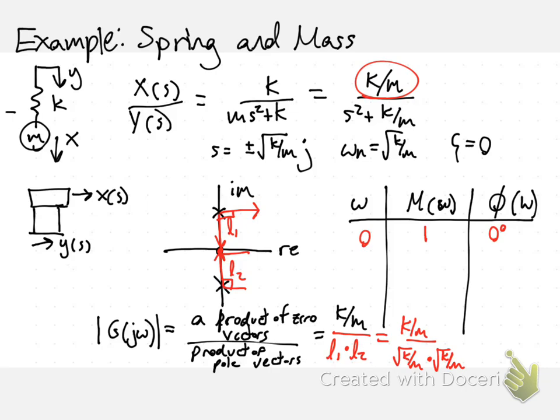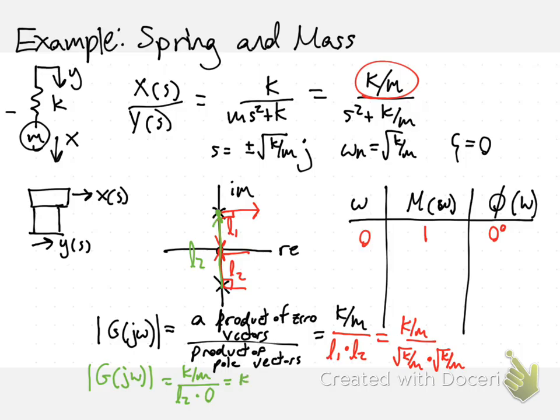So let's say that we are now going to have one vector, and so we could say j omega is going to be equal to the square root of k over m, because that A is constant. We will have L2 with a length of 2 root k over m, and L1 is going to be 0.